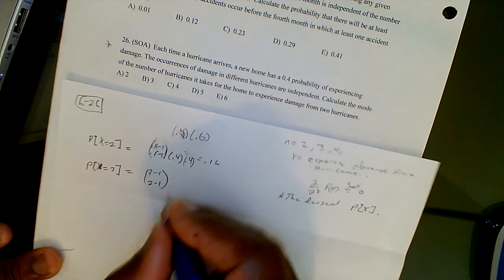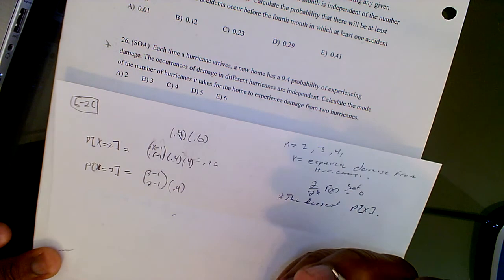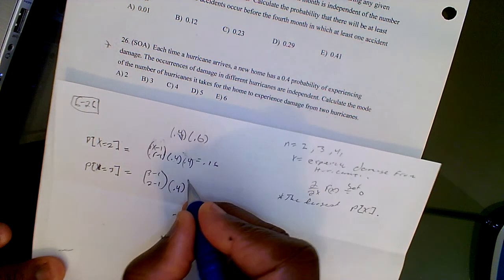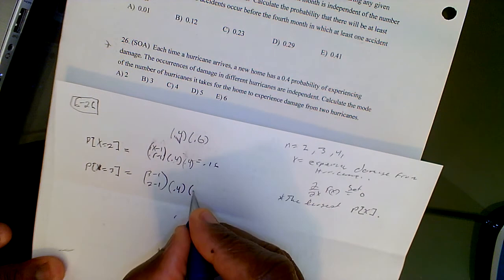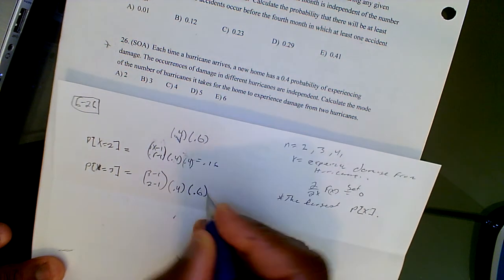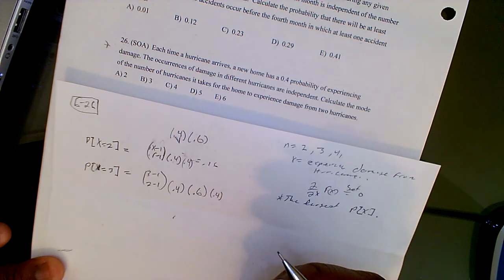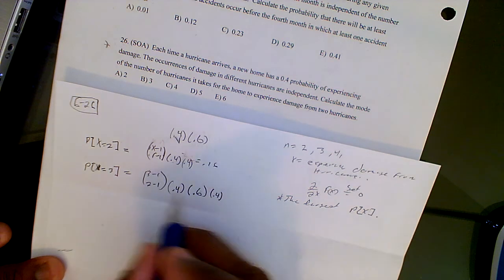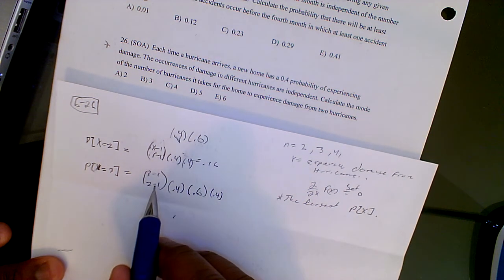So this one, technically, would be that one, and then this is the difference. It'll be 2. So here's our r.